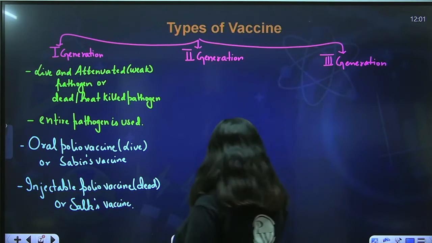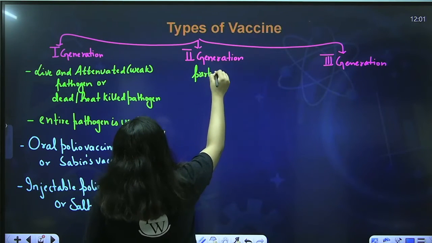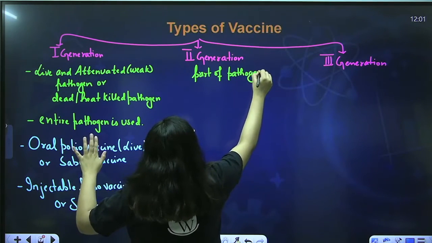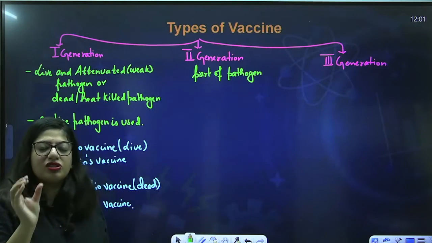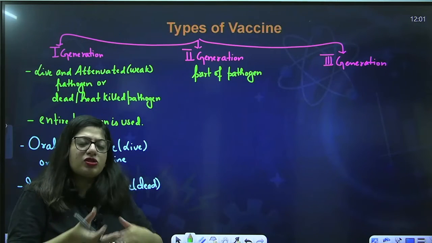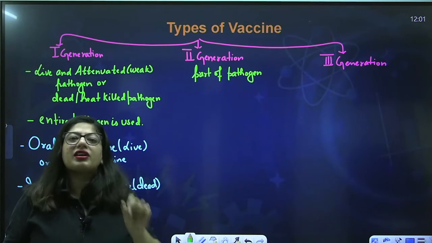In the second generation, we use only part of the pathogen. In the first we use the entire virus or entire bacteria, but here we are only using some part of the pathogen, which is basically an antigen, because antigen will generate immune response. Why take the entire virus if only its outer surface contains the antigen?